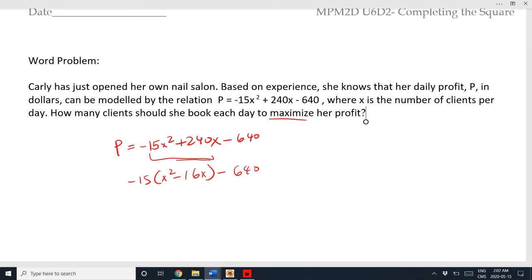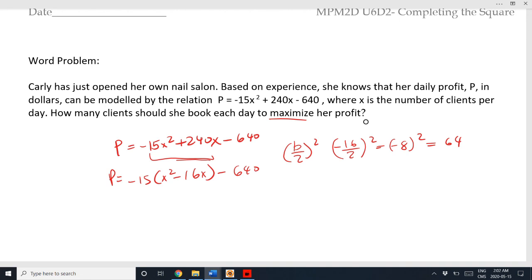The next thing we need to do, since we have x by itself, is add half b squared and subtract half b squared within this bracket. So the half b squared in this case would be negative 16 divided by 2 squared, which is equal to negative 8 squared, which is equal to 64.